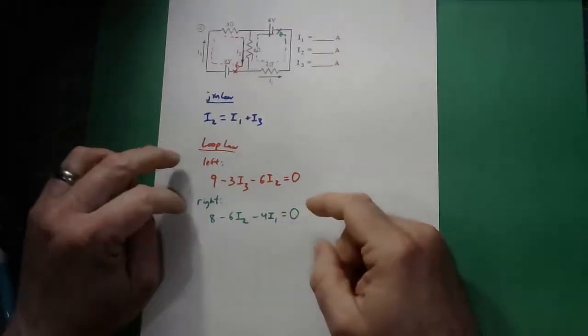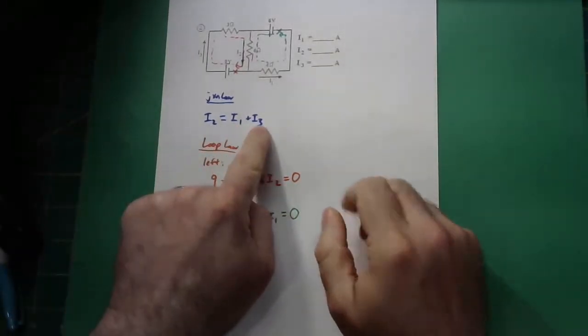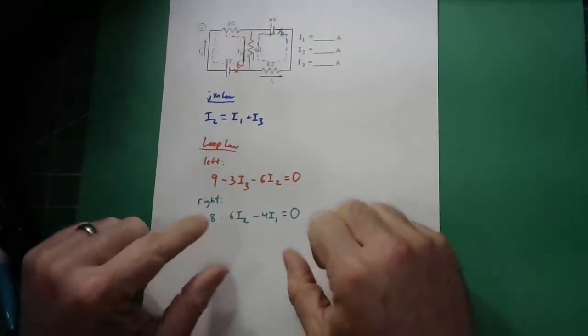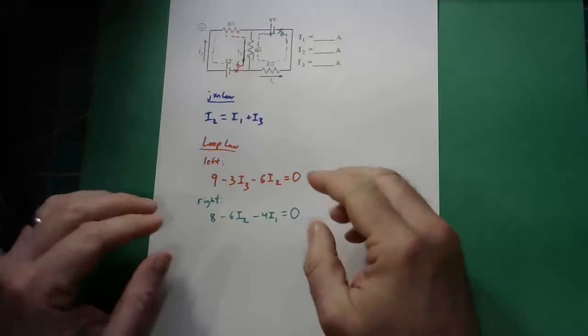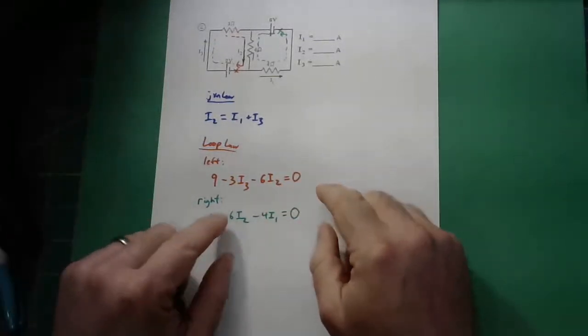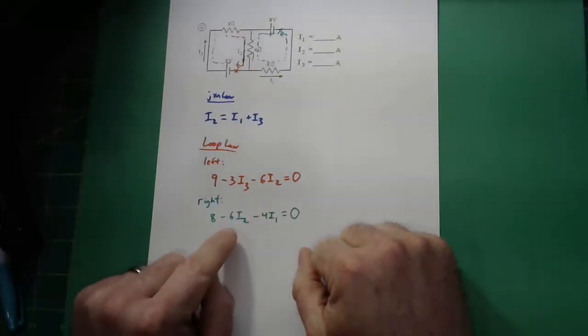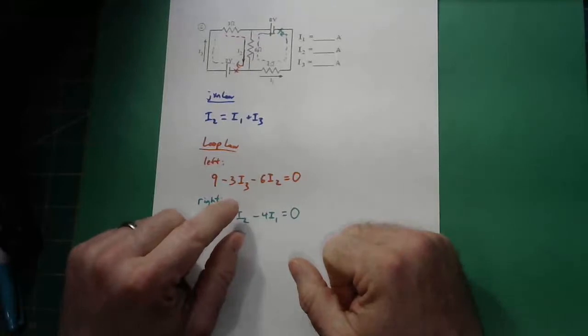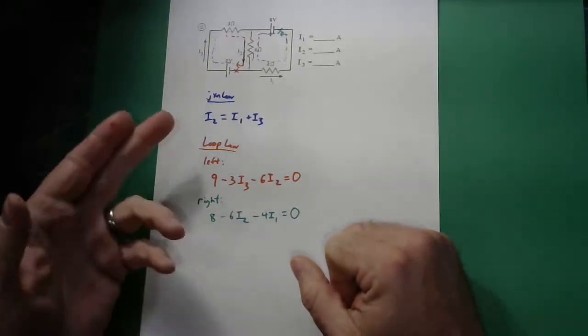This set of simultaneous equations: this one has 1, 2, 3 unknowns. This one has just 2 unknowns. This has just 2 unknowns. All of them have multiple unknowns, so I can't just quickly solve for one. I'm going to have to substitute through and work through the system. It's kind of arbitrary where you start at this point. I'm going to choose to eliminate I3, and then eliminate I2.